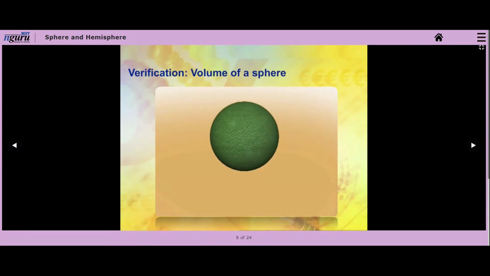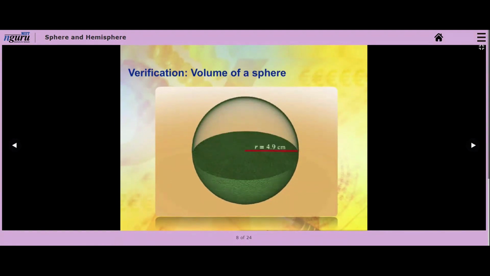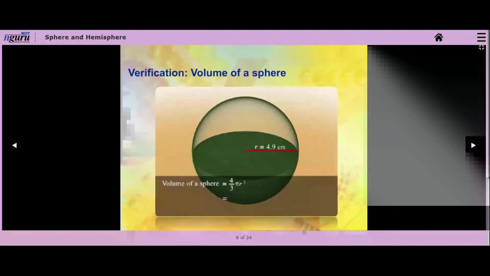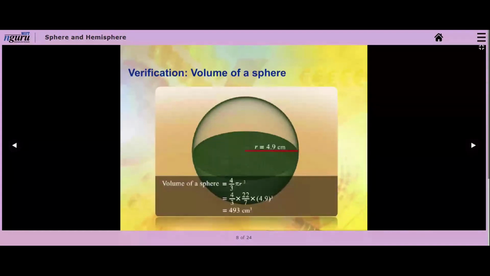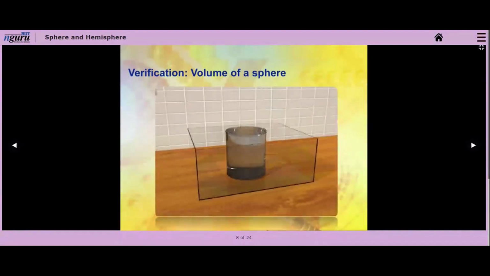Let's now verify the formula for the volume of a sphere. Consider a sphere of any radius, say 4.9 centimeters. Using the formula 4 upon 3 pi r cube, we find that the volume of the sphere is equal to 493 cubic centimeters. Now, fill a cylinder with water and place it in an open rectangular container.